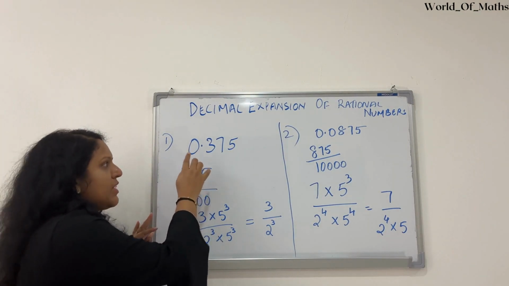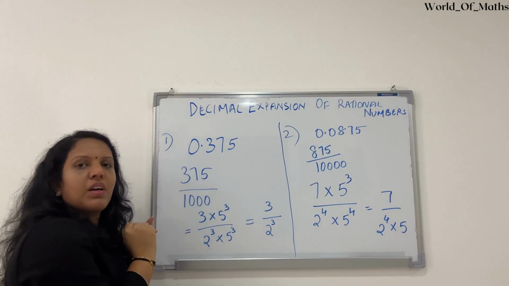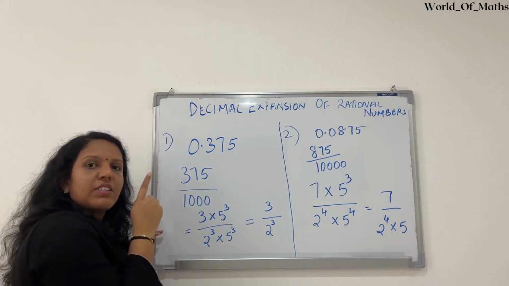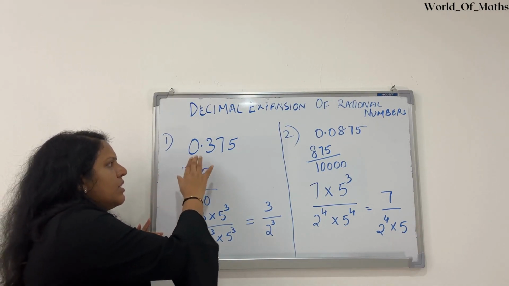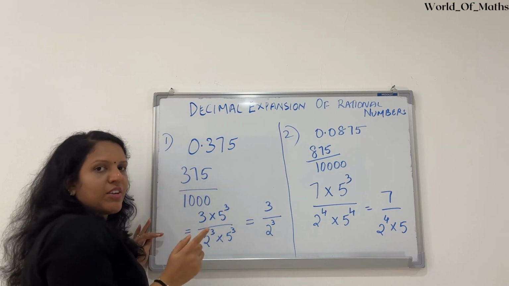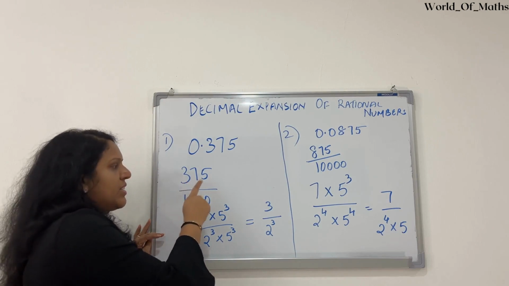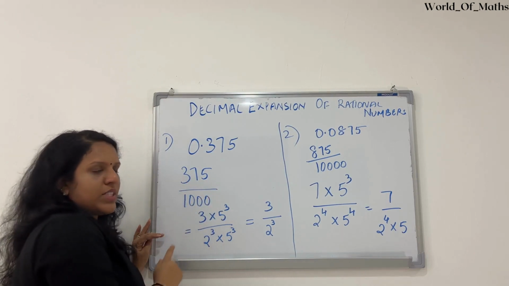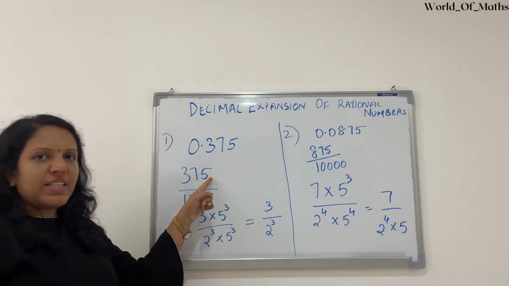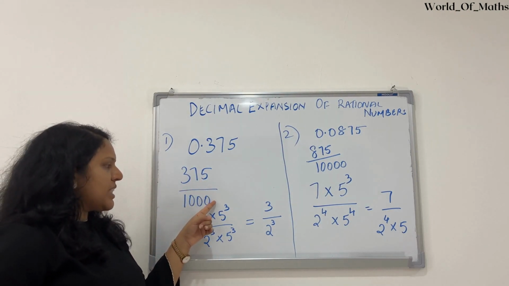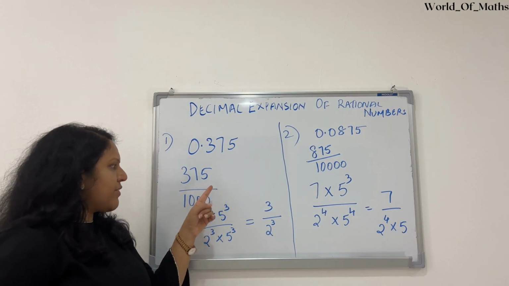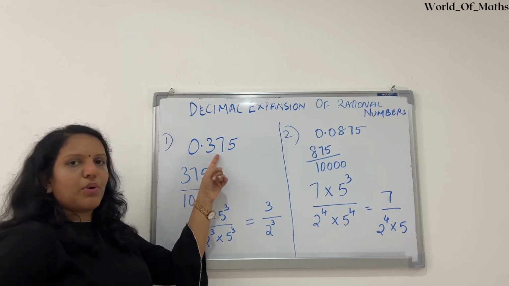Now let's see a few rational numbers. My first number is 0.375. This is a terminating decimal number. We can express 0.375 as a fraction, 375 by 1000. The numerator is 375 and the denominator is 1000. If we divide 375 by 1000, we get 0.375.